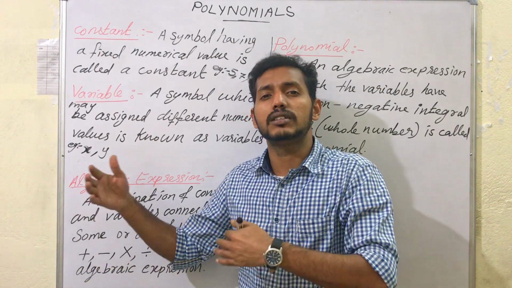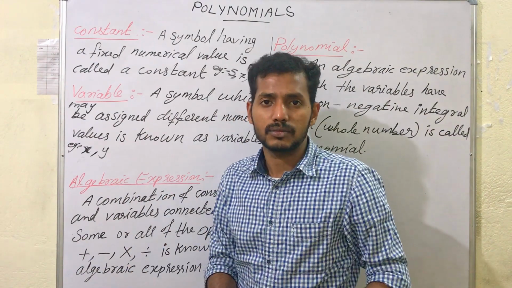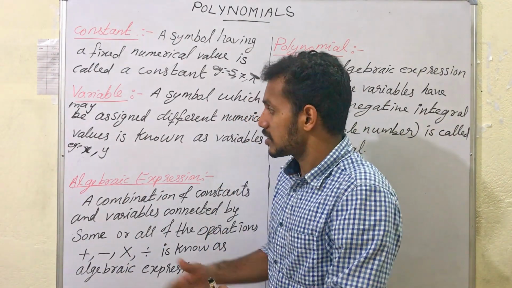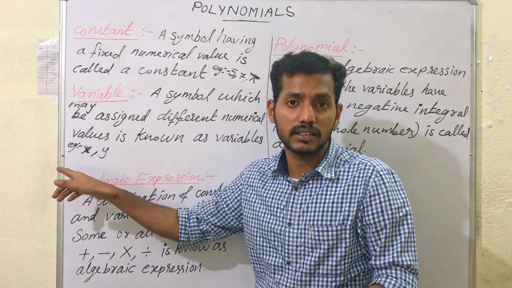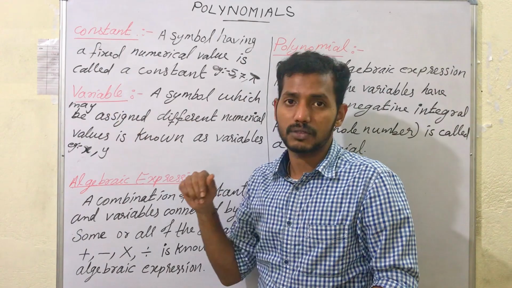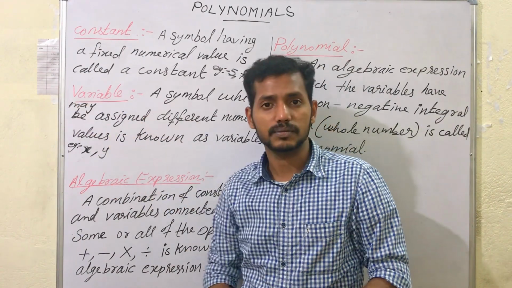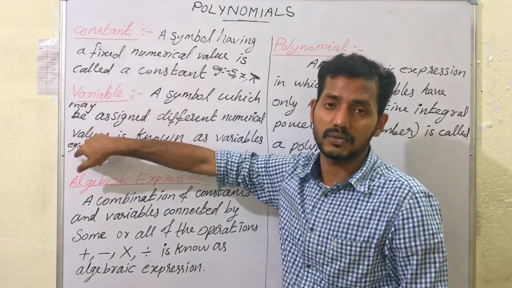So we can assign different values to x. Since its value is not fixed, which means its value is varying, we call x a variable, y a variable. These two concepts we need to know: what is a constant and what is a variable.